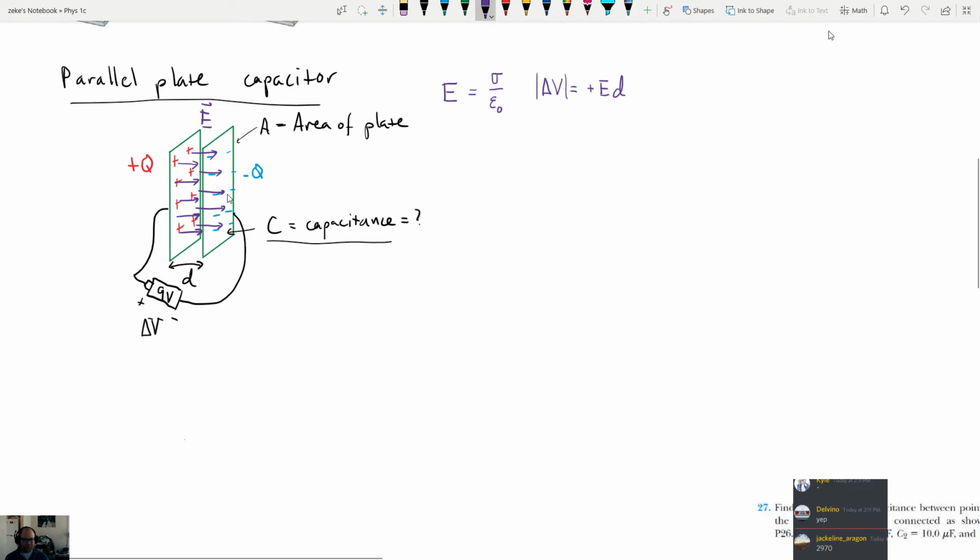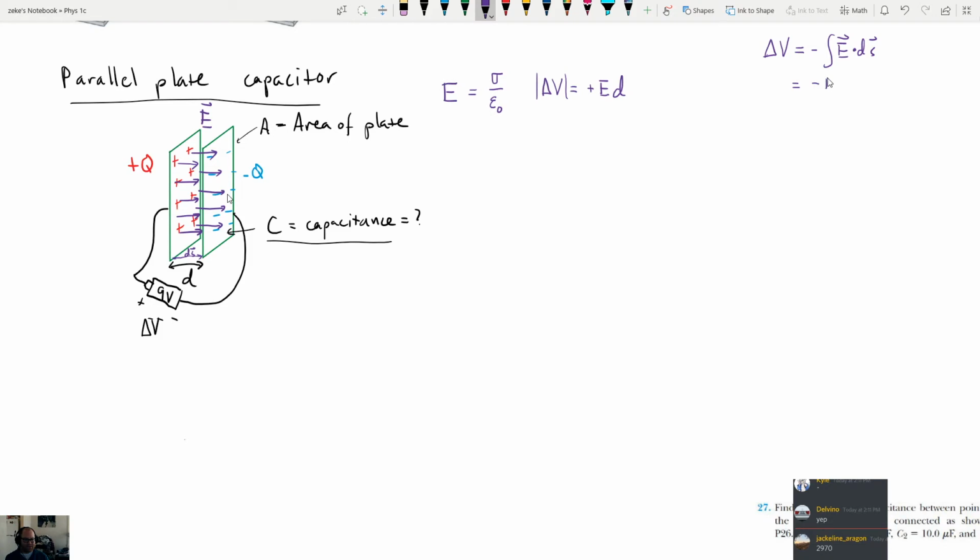If you don't remember this one, I'll just briefly say that our definition of potential difference was the integral of E dot ds. And if the electric field is uniform and the distance d that we traverse goes from left to right here, if you go in this direction with your ds, then this just reduces down to, you pull the electric field out, the integral of ds just becomes d.